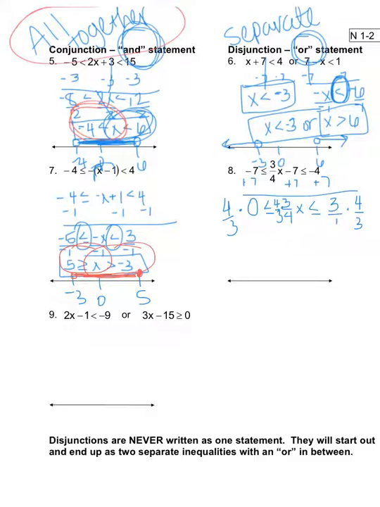So 4/3 times 0 is going to be 0. Those cancel. And then you could reduce across, so 3 and 3, those cancel out to a 1. You're just left with a 4 over there. So we have x by itself.